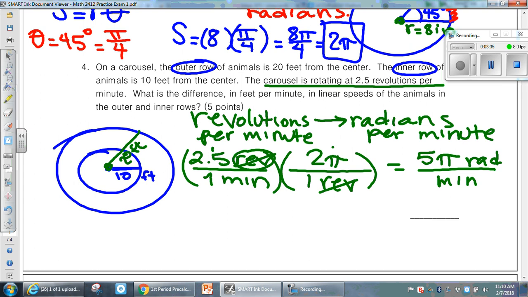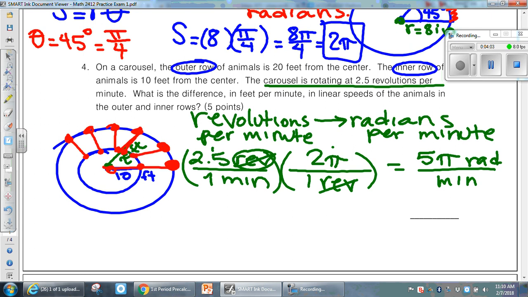The outer row, right? The horses who are over here will go faster than the ones that are here.